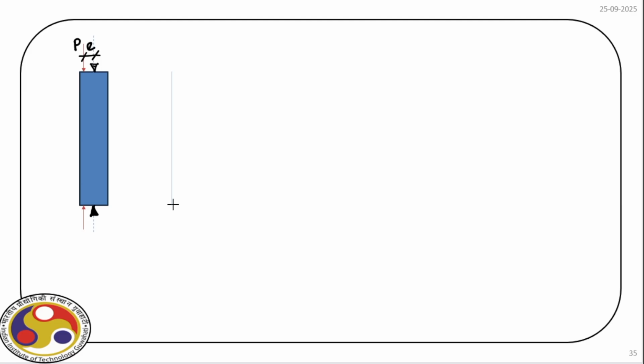So this is the column, and let us consider the eccentricity here. So we apply load P with eccentricity from the center line of the column.